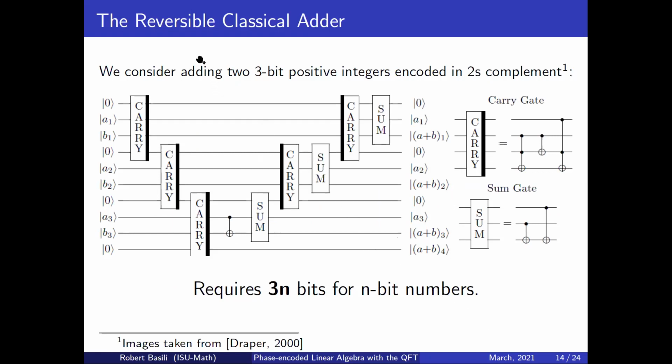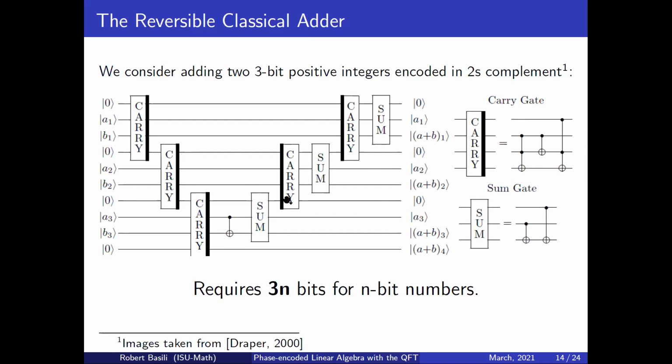So as far as reversible computing, we first consider the reversible classical adder, where we consider adding two 3-bit positive integers encoded in 2's complement. We apply these carry gates, which are composite gates, and these are each composed of just controlled X. So this is a controlled-NOT gate, and this is a Toffoli gate, or a controlled X gate, and this is how you make these composite gates.